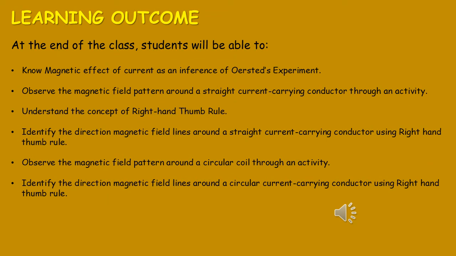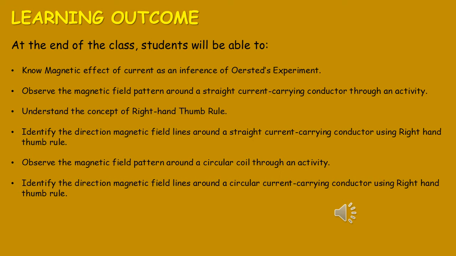The learning outcome of this exercise is that at the end of the class, students will be able to know the magnetic effect of current as an inference of Oersted's experiment. They will be able to observe the magnetic field pattern around a straight current carrying conductor through an activity.